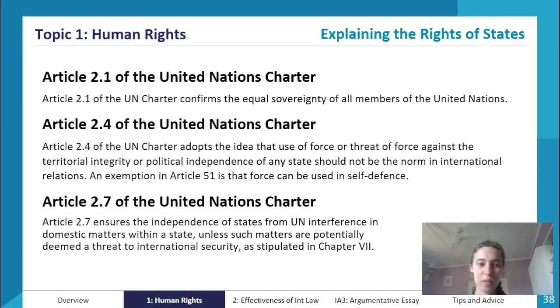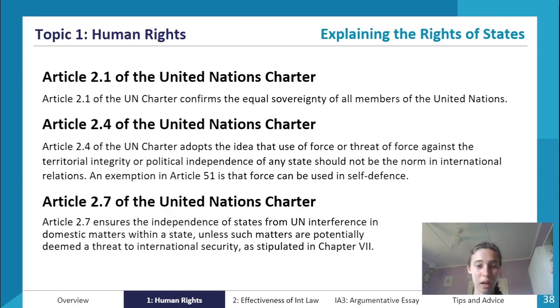We've got some specific articles from the United Nations Charter that is important for you to know. So Article 2.1, 2.4, and 2.7, they are all listed in the syllabus. So Article 2.1, it's confirming the equal sovereignty of all members of the United Nations.